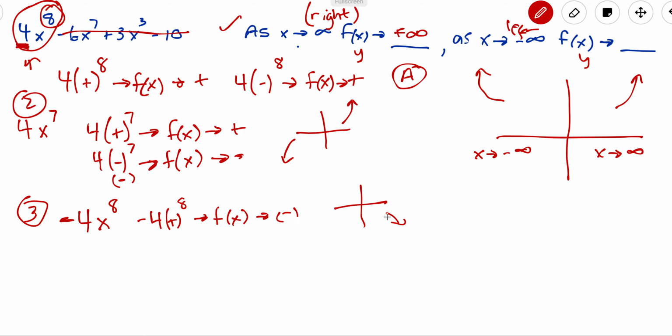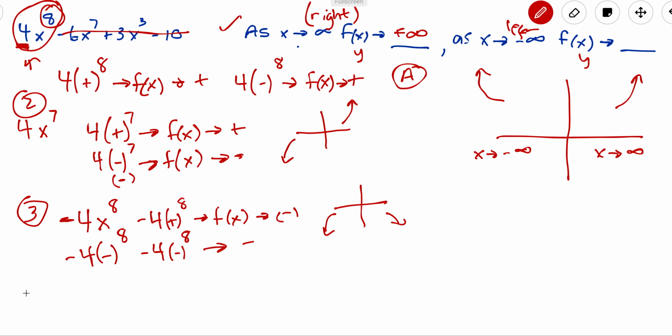It'd be going to negative infinity. If I had negative 4 times a negative number to the 8th power, a negative number to an even power is positive. But if I multiply it times negative 4, I'm going to get a negative. So in this case, they'll both be going down and down, both approaching negative infinity, both y's.